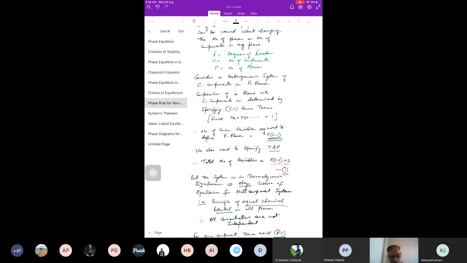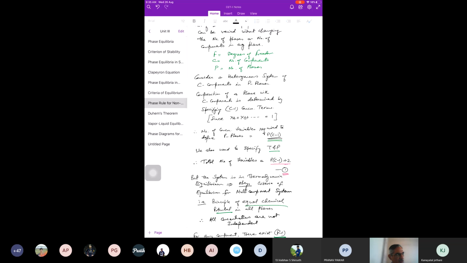Because the summation of mole fractions, XA plus XB for 2 components, is equal to 1, always. Total of mole fractions is always equal to 1. So if I specify 1 component, the second is already specified by default. In mass percent it will be 100, in mole fraction it will be 1.